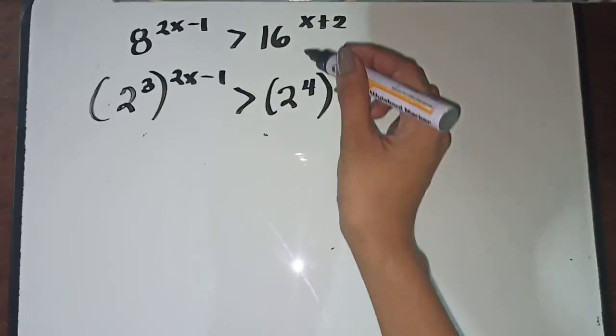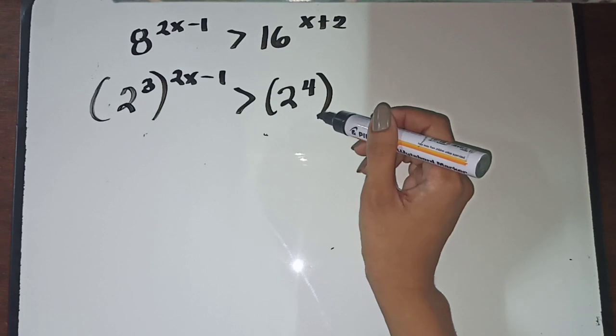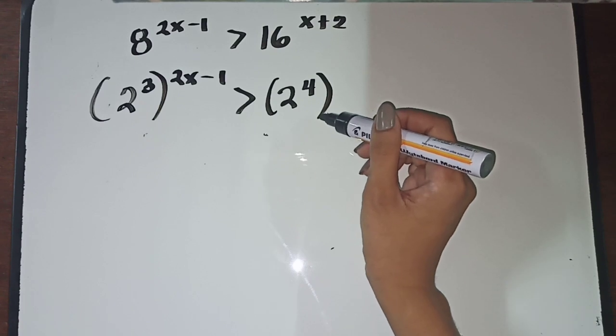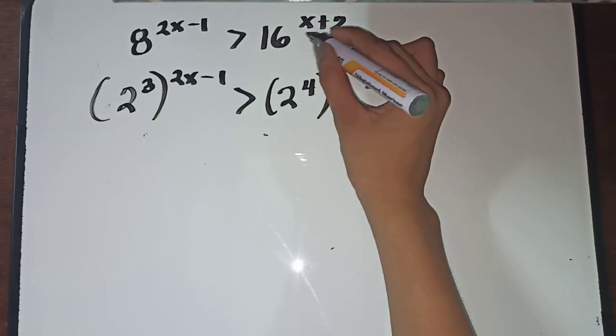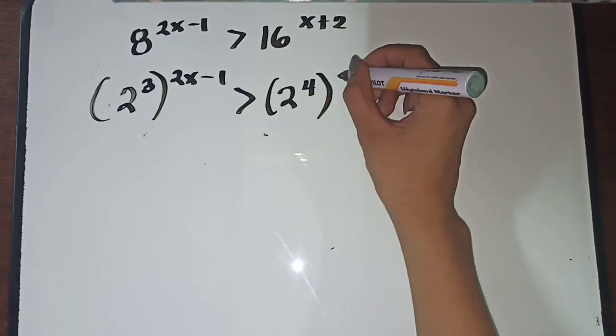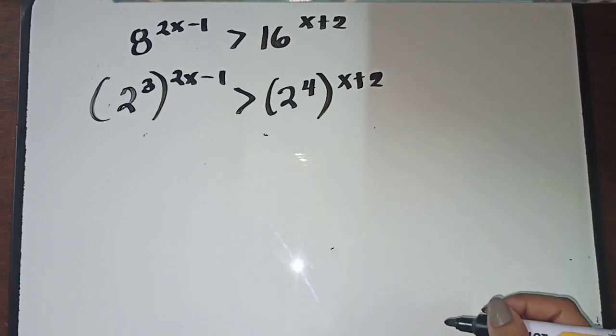So, 2 raised to 4 is 16. Sa halip na 16, binago ko siya into an exponential form, which is 2 raised to 4. And naka-raise po siya sa x plus 2. Okay? So, next, apply the law of exponent.